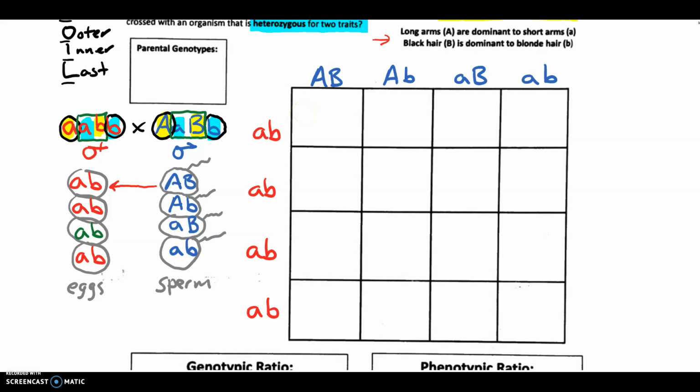We'll make it black to represent the new individual. And we always write the dominant gene first for each trait. So we have big A, big B, little b. And really, it's going to be the same combination all the way down this column. Big A, big B, little b, all the way down.